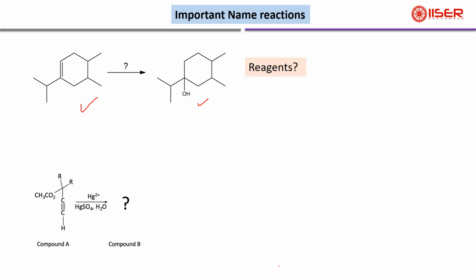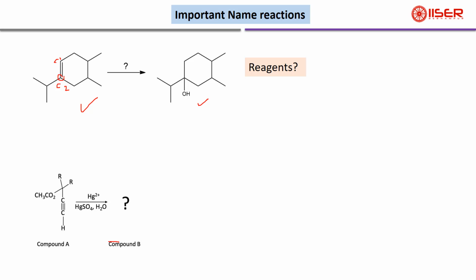So what is the difference? There is a hydroxylation taking place. Now the OH group enters this carbon. Among this C1 and C2, which one is bulkier or more sterically crowded? Obviously this center.